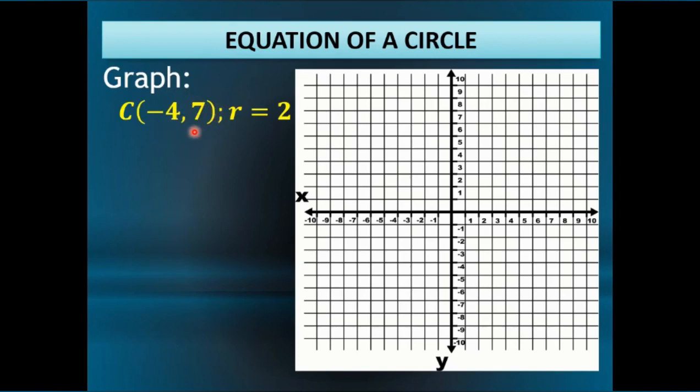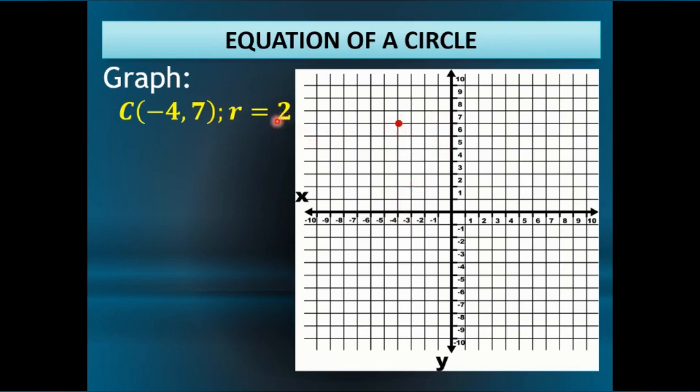Our 7 refers to the y coordinate. So since we have negative value of x and a positive value of y, we can locate the center of this given circle here. So it is located now in the second quadrant. So we have -4 and then +7.